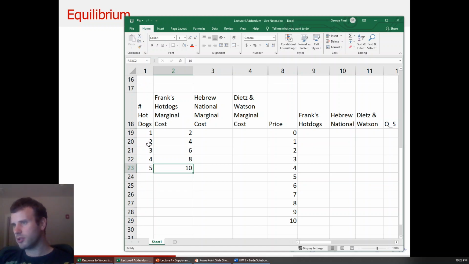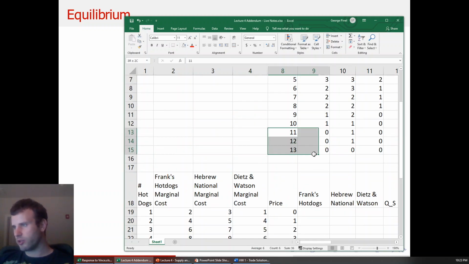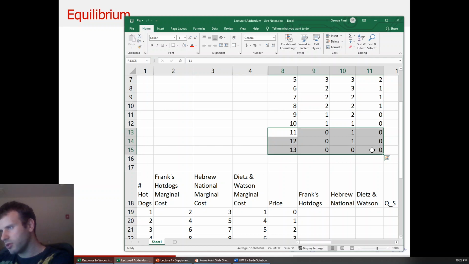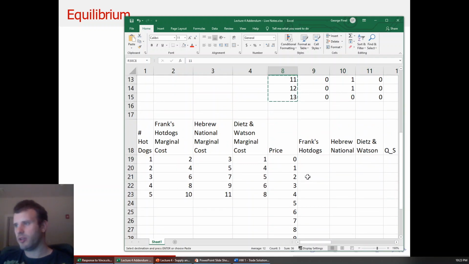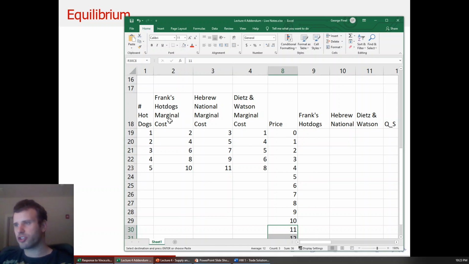And let's do 3, 5, 7, 9, 11. And let's do 1, 4, 5, 6, 8. So just kind of random there. I'm just going to bring this one down here. All right, these are just random marginal costs that I threw out there.